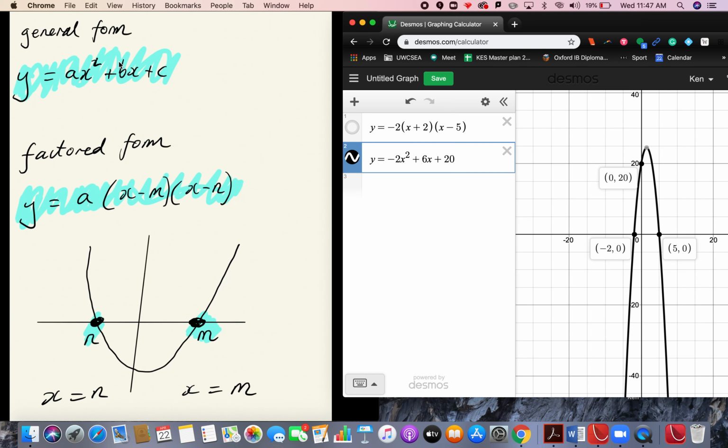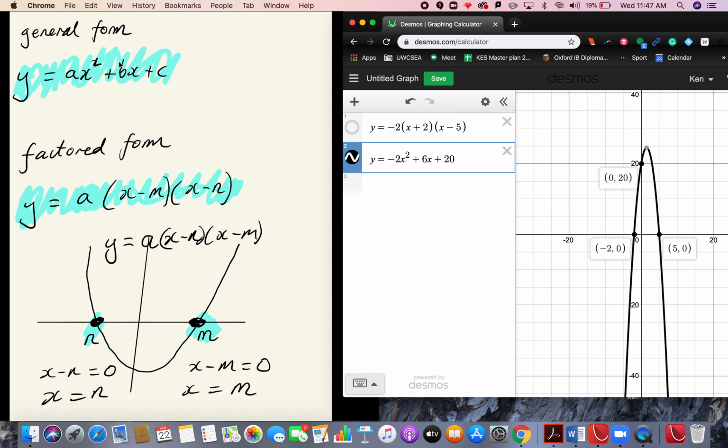The line before that will be x minus m equals 0, x minus n equals 0. The line above that will be x minus n times x minus m, and that will be y equals, but then we have to put in that little scale factor a times. So that's the technique to use.